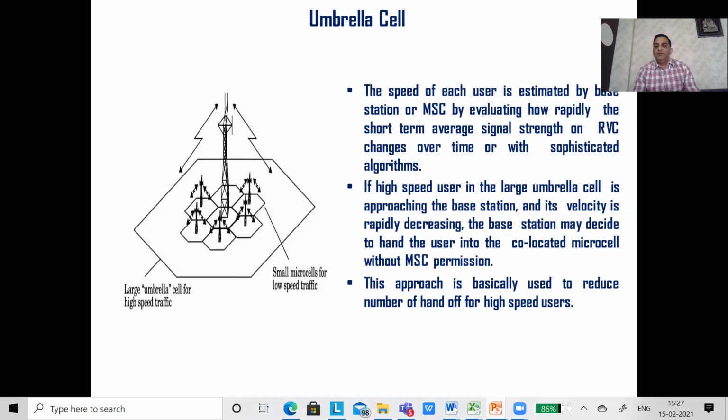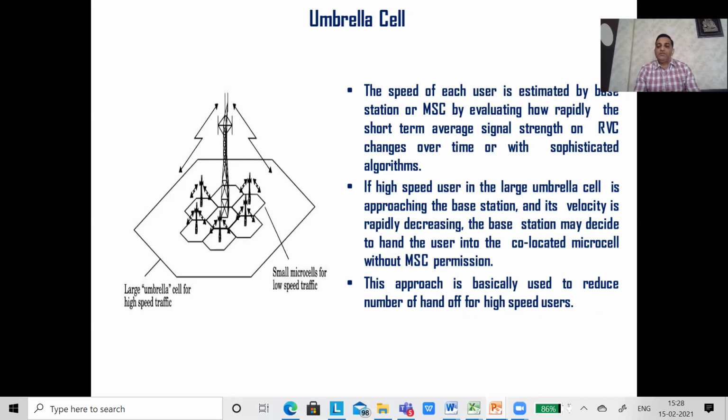This is a very important point that everyone has to note here. All communication in a cellular system is performed through the mobile switching center, but there are a few operations where MSC may not be involved, and this is one of the operations under the concept of the umbrella cell where MSC permission is not required.